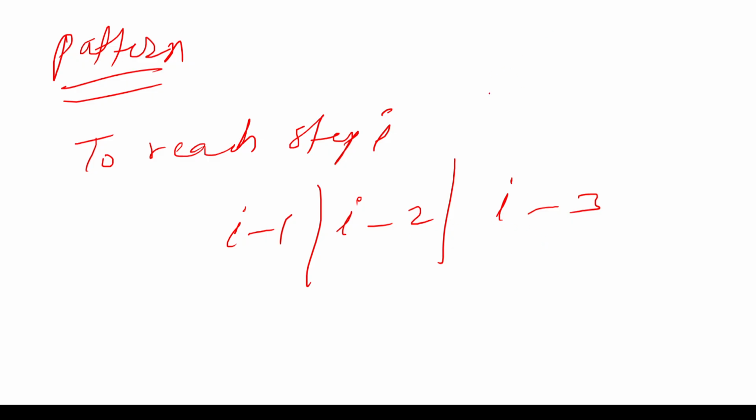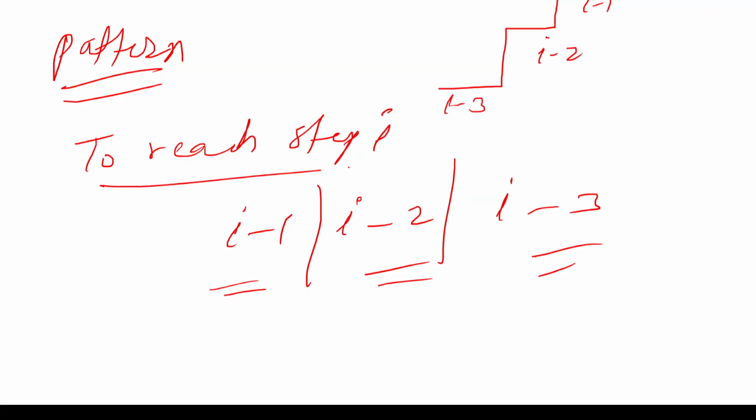Suppose these are the stairs and this is I; then this step becomes I minus 3, this becomes I minus 2, and this becomes I minus 1. That is the pattern: to reach step I, we must come from I minus 1, I minus 2, or I minus 3.